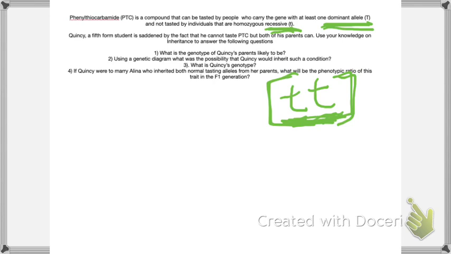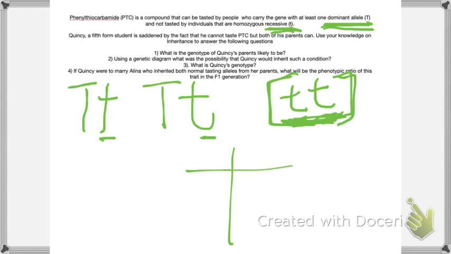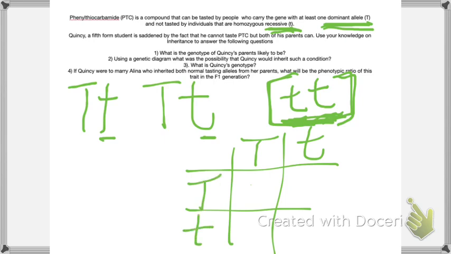But the strongest probability is the fact that the parents were actually heterozygous. Both of the parents had that recessive allele. And if we cross them, we will see what we are talking about. So look at this. Let's change our color.